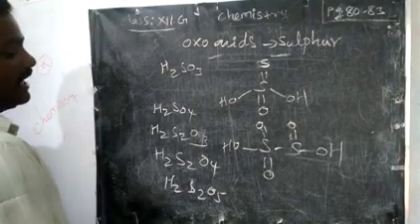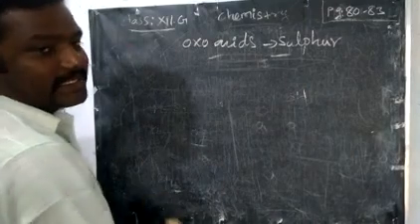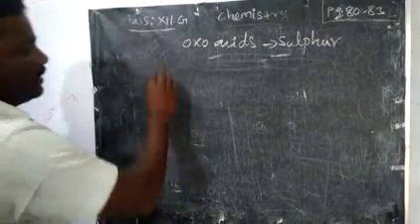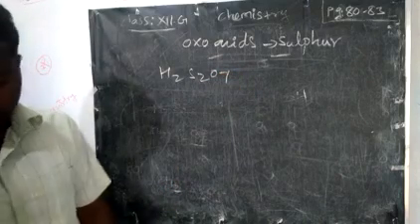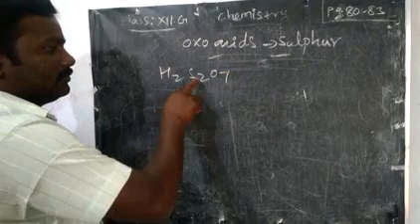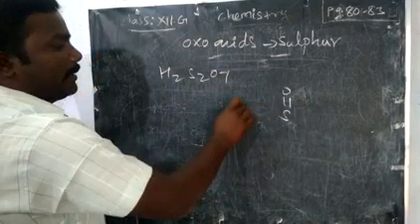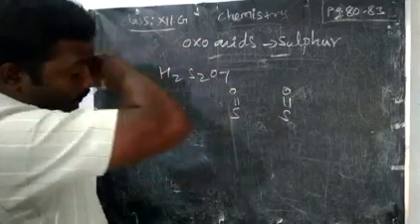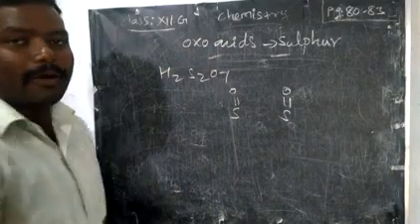What is the name of this compound? We have a special name for that. That is nothing but oleum, H2S2O7. For these 2 sulfur, usually each will have double bonded O, right? How many hydrogens? 2 hydrogen, so 2 OH will form.